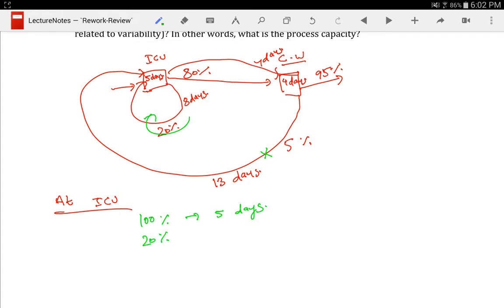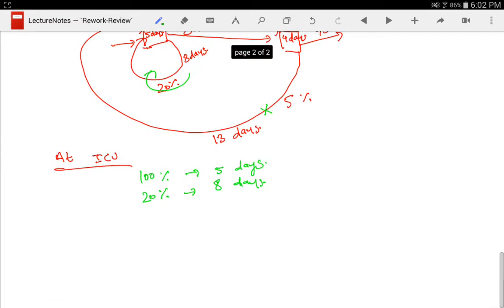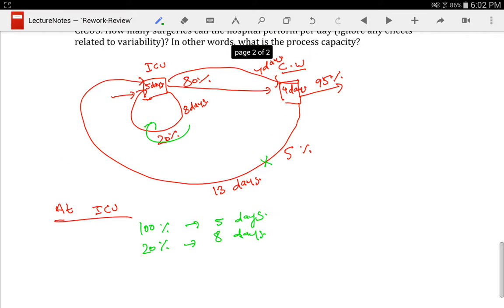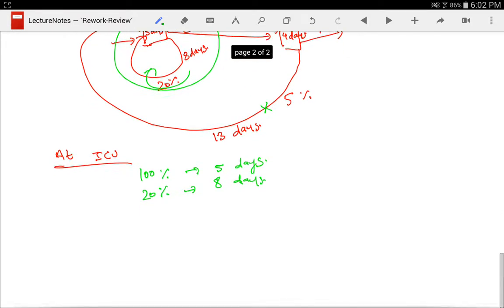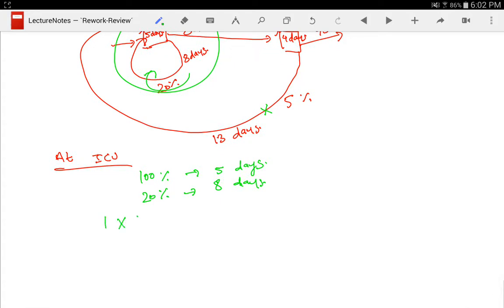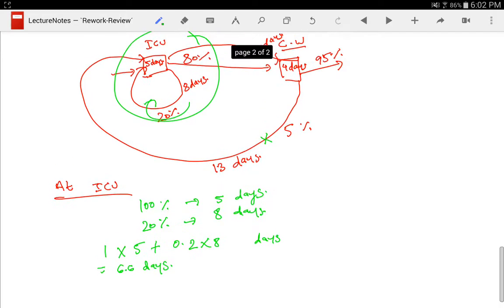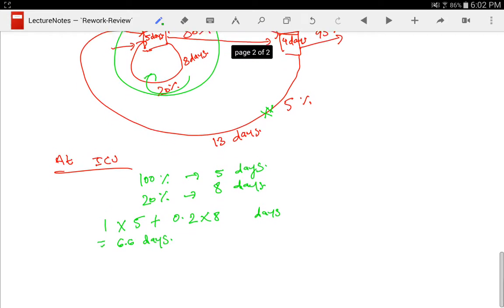This 20% stay there for another extra 8 days. So on average, this portion is 1 multiplied by 5 plus 0.2 multiplied by 8 days, which is 6.6 days. But that's not the whole story, because these patients also demand the ICU's time.